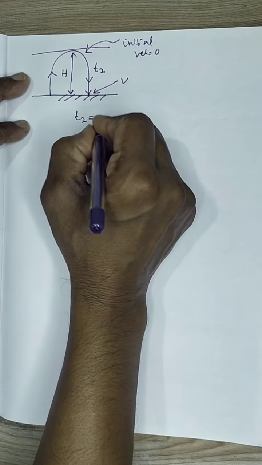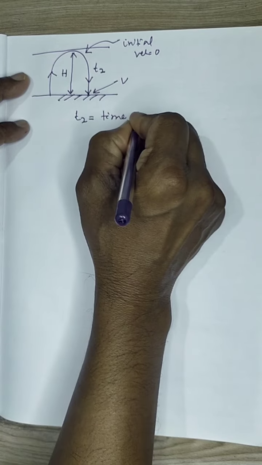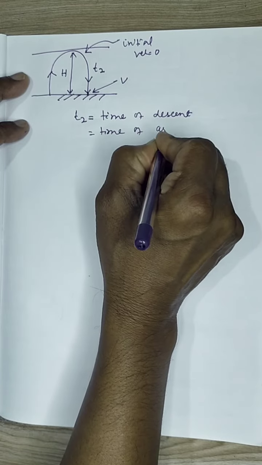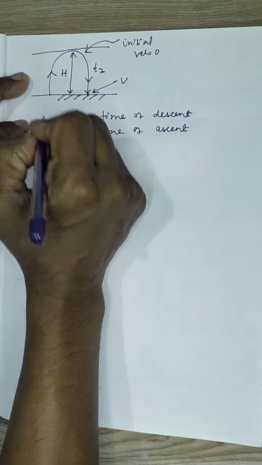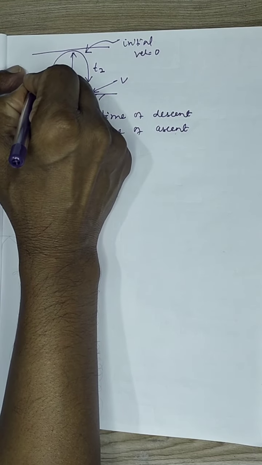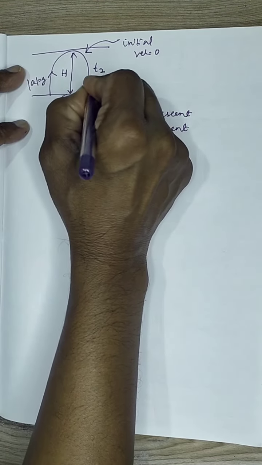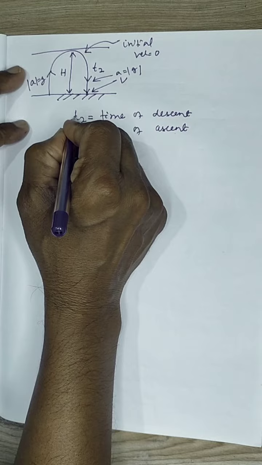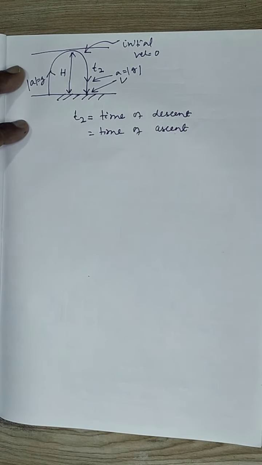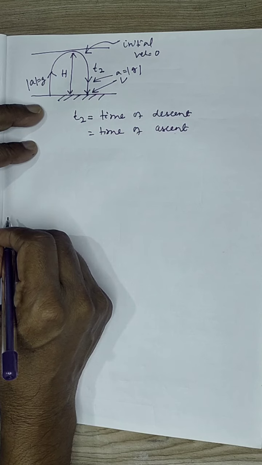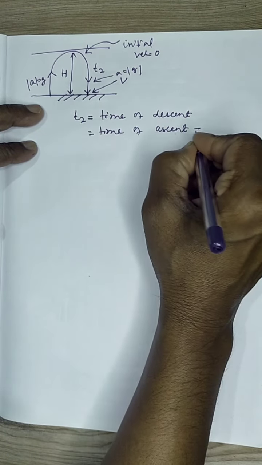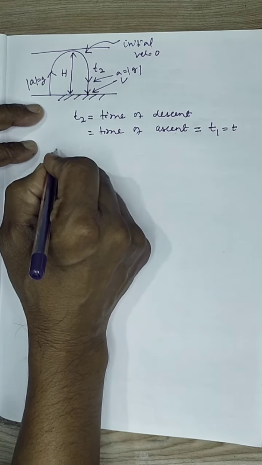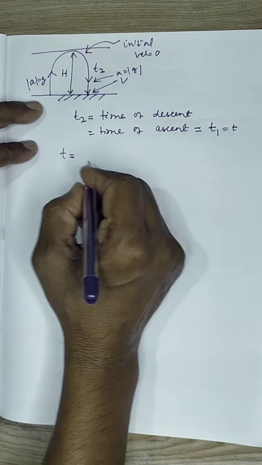This time of descent will be the same as the time of ascent, as in both cases the magnitude of acceleration is g, the distance is the same and the velocity difference is also the same. We assume t2 is equal to t1 is equal to t. The value of t you have already got from the equation.